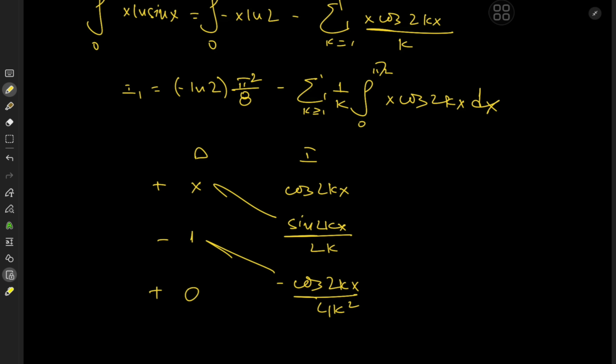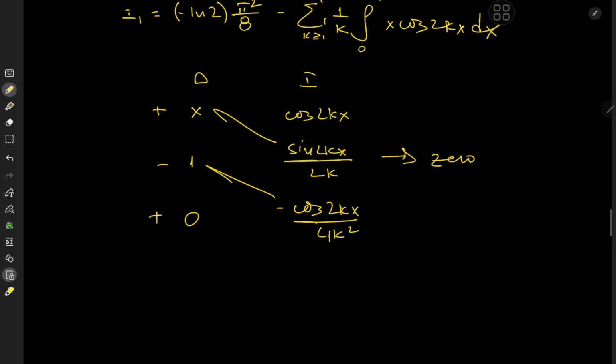Now for the limits, this first term here crashes out to 0 in both limits because as x approaches 0, you get a big fat 0 over here. And as x approaches pi over 2, you get sine of k times pi, which is of course 0 for all k. Okay, cool. So we have a couple of negative signs being cancelled out.